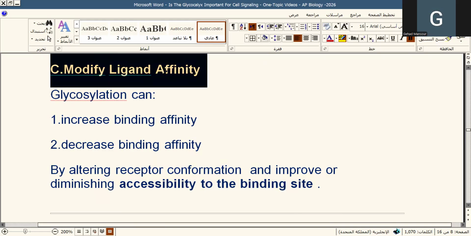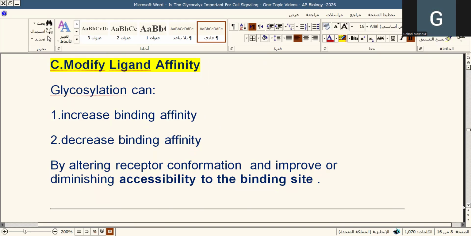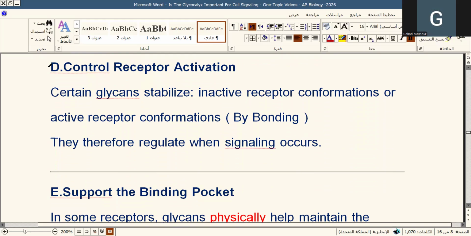But at the end of the day, the affinity is not permanent. They can modulate the affinity. If they put the receptor in the correct conformation, then as we have just said, they will increase its affinity to the ligand, and the reverse is true. And therefore, they control receptor activation, because if I, as a carbohydrate, have the ability to adjust the shape of the active site, then definitely I am adjusting the activity of the receptor.